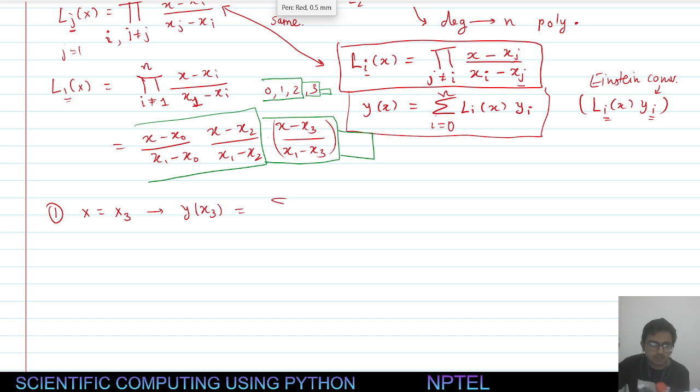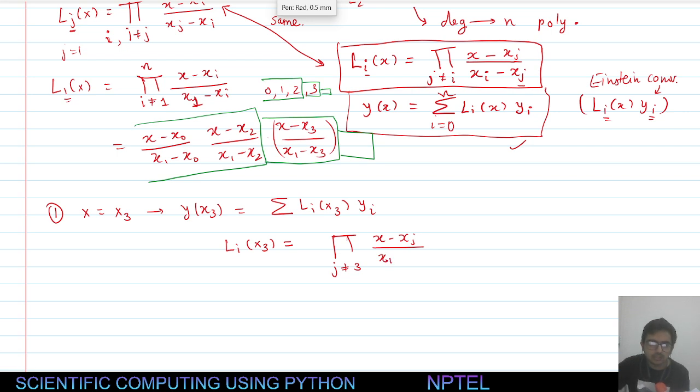It is going to be the sum over Li of x3 times yi, by this formula. So we need to compute Li of x3. Now Li of x3 is the product over all j not equal to i of x3 minus xj divided by xi minus xj.